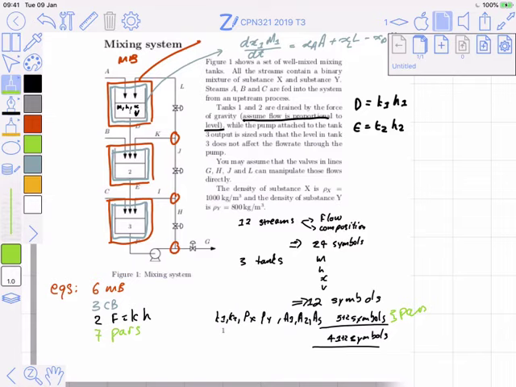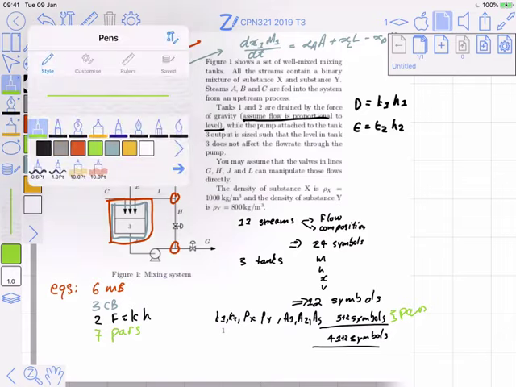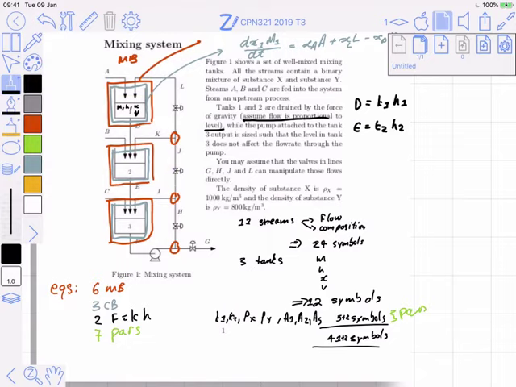You can probably write them something like x1 equals, and then xf equals xg equals xh.